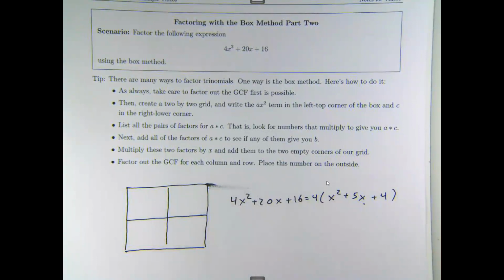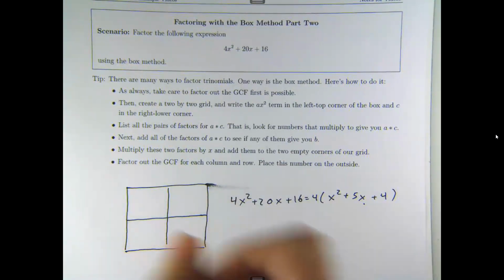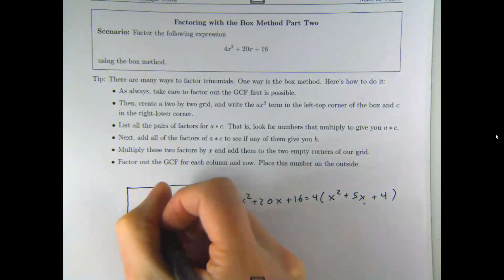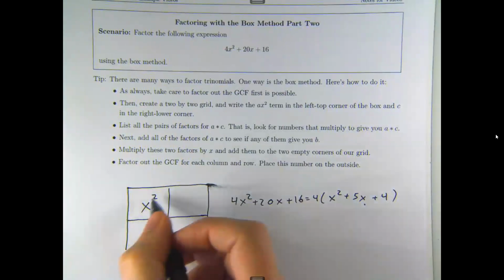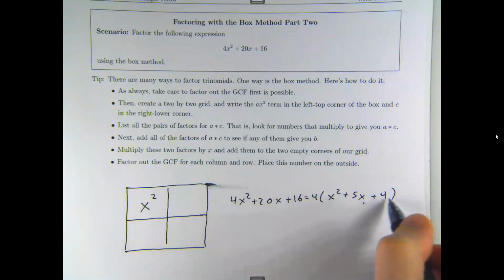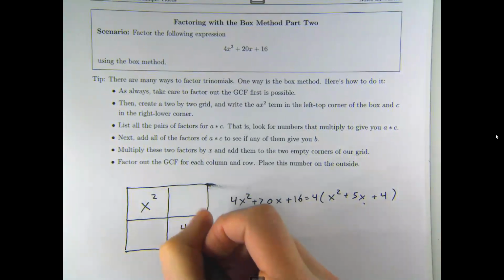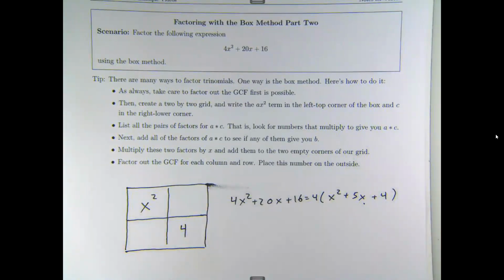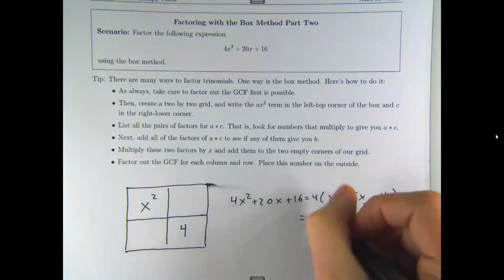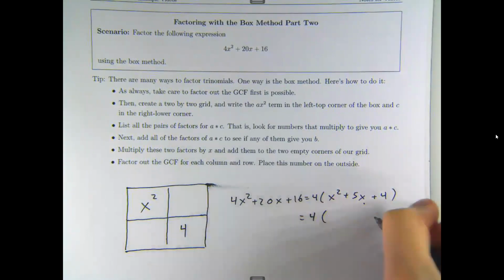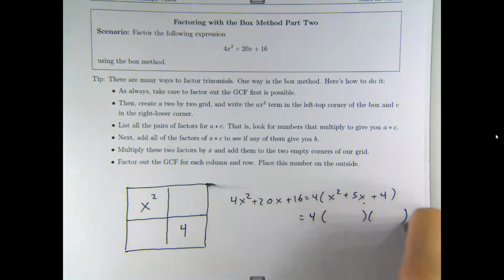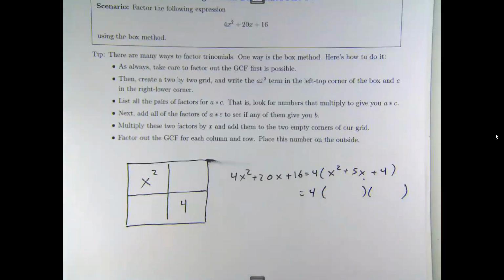Now you might see how to factor that already, and if you do, go for it. If you don't, and I'm doing this with the box method, I'm putting that x squared term in the top left, and I'm putting that constant in the lower right. Now my goal, and the 4 keeps coming down, my goal is to break up this x squared plus 5x plus 4 into two things multiplied together.